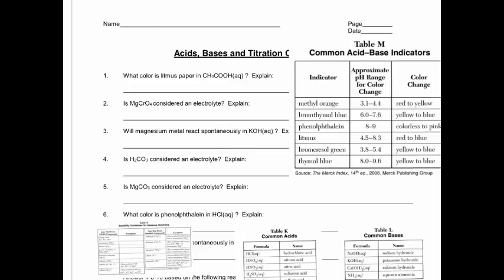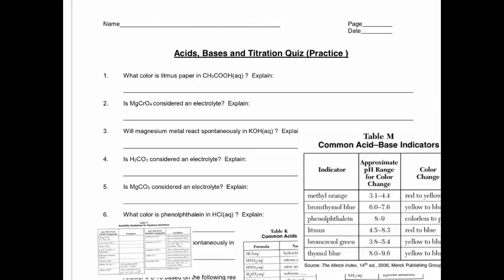Looking at the acid-base indicator table, table M, here's litmus, and it goes from red to blue in 4.5 to 8.3, meaning in the low end of the scale, before it gets to 4.5, it is red. So I am going to put red for my answer, and my reasoning is it's an acid.